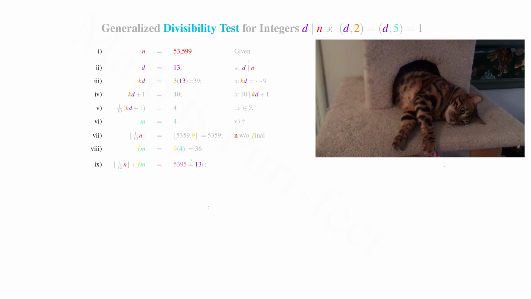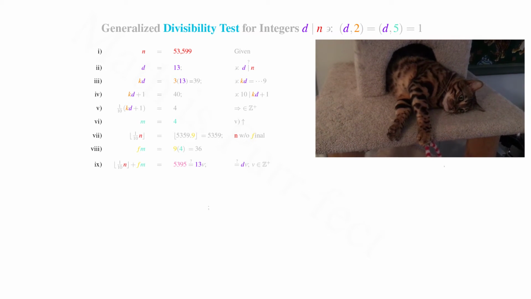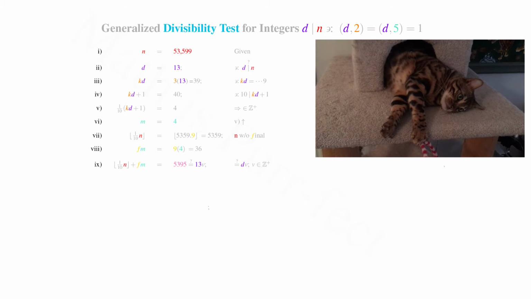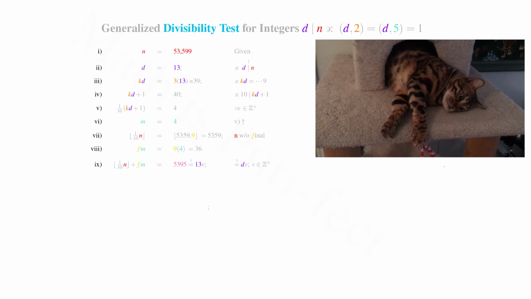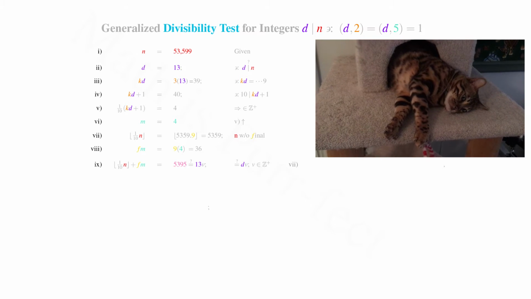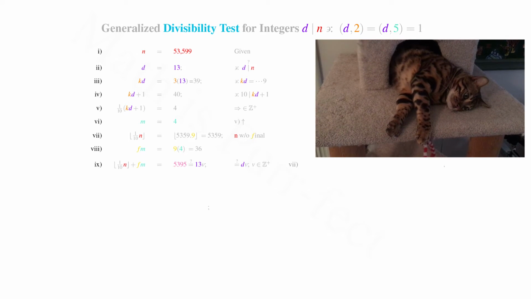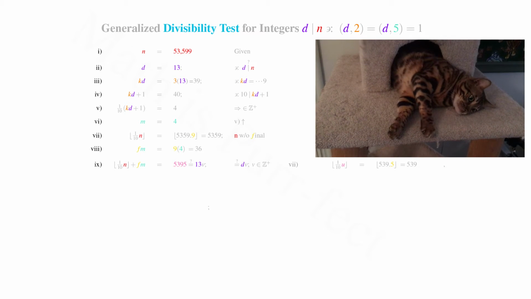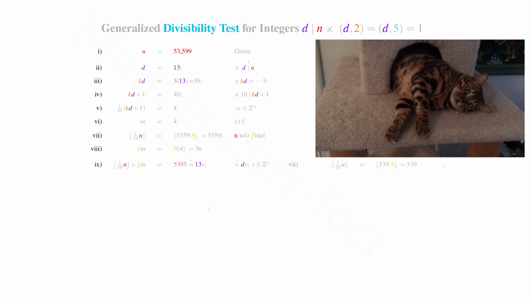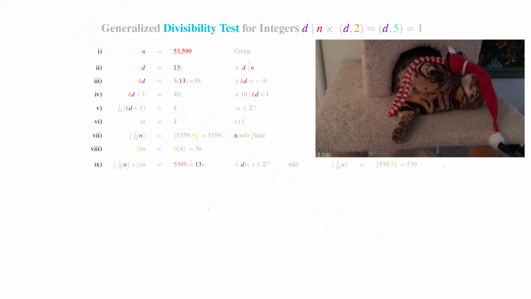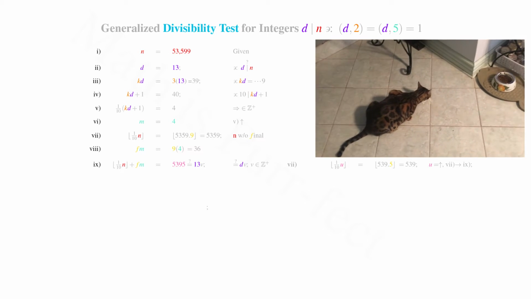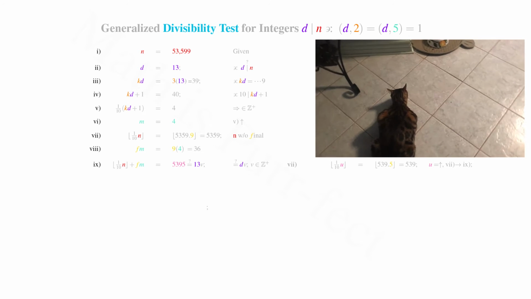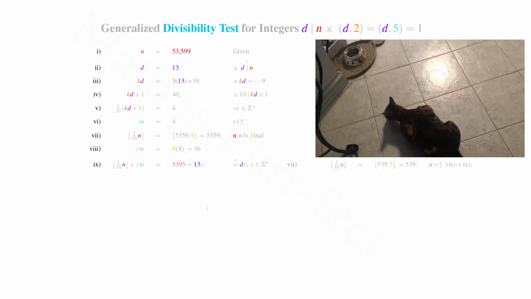Is this a multiple of 13? That is, is it an integer multiple of our divisor d? I can't see at this point, so I'm going to continue the process above, but only require steps 7 through 9 with the result from our previous test. Taking 1/10 of 5,395 and then the floor of the result leaves us with 539, truncating the decimal 5, where 5,395 comes from the result in step 9 to the left, seen here in pink.